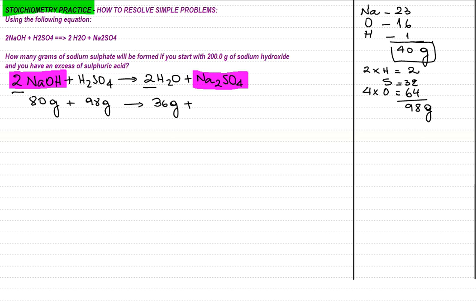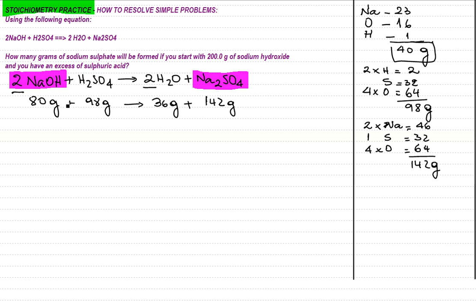And the sodium sulfate has two sodiums, which is 46, 1 sulfur, that is 32, and 4 oxygens, which is again 64. That makes a total of 142 grams per mole.